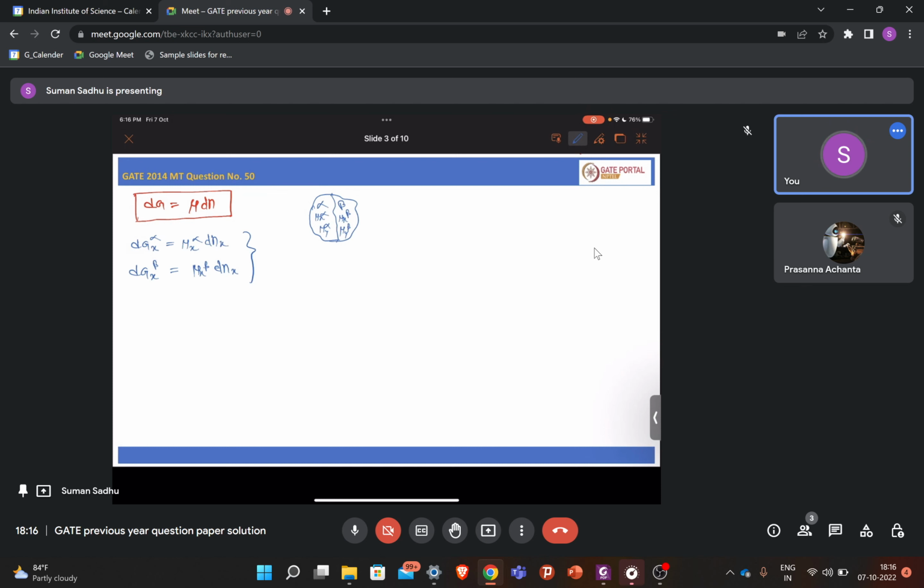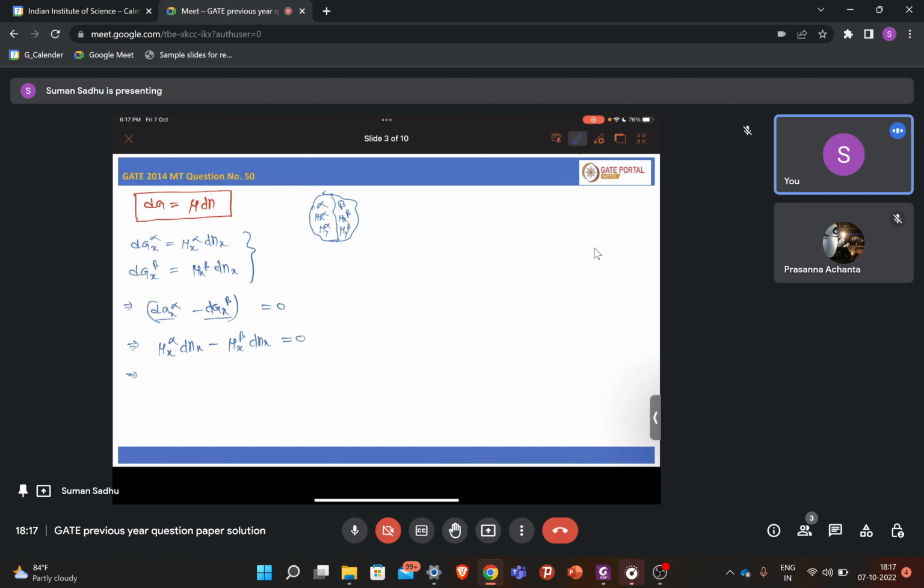So now if it is in equilibrium, the free energy on both sides should be equal, right? So that means dG x alpha minus dG x beta will be 0. The change in free energy will be 0 at equilibrium for two phases. Then only it will be under equilibrium, and no transfer of that element will be possible. So now if we write this dG in terms of mu dn, we will get mu x alpha dn x minus mu x beta dn x is 0.